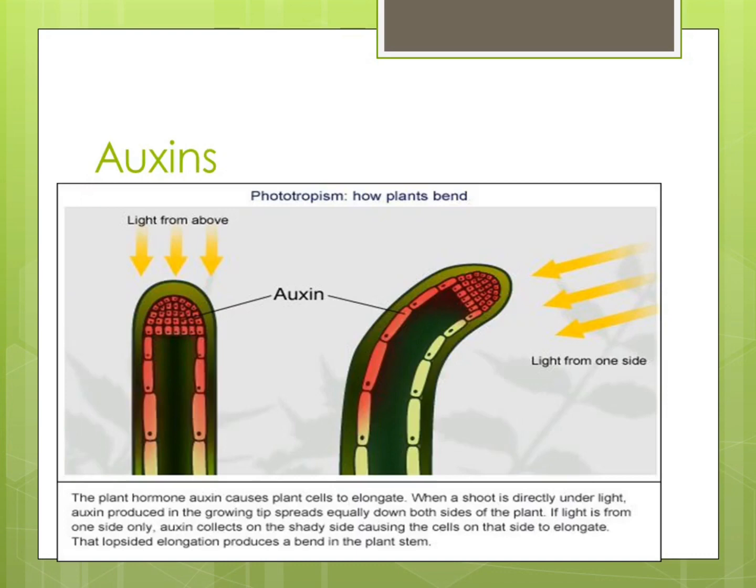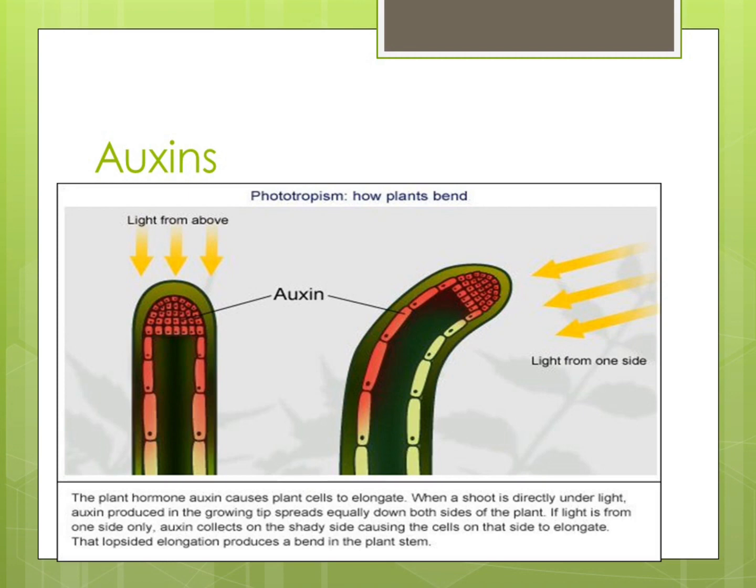Now, auxins are plant hormones that cause plant cells to elongate. They are found at the tip of the stem or tip of the root. Now see what happens when a shoot is directly under light. In the first figure, when a shoot is directly under light, auxin produced in the growing tips spreads equally down both sides of the plant.